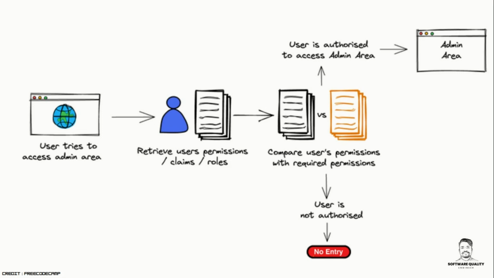He is able to log in, but does the user have the permission, role, or claim to use the service or resource or not? So that user permission will be compared with the required permission to access that admin area. If it is matching, then he or she will be able to view the admin area. If not, the user is not authorized, no entry. So this is the authorization scenario, this is the flow of authorization.